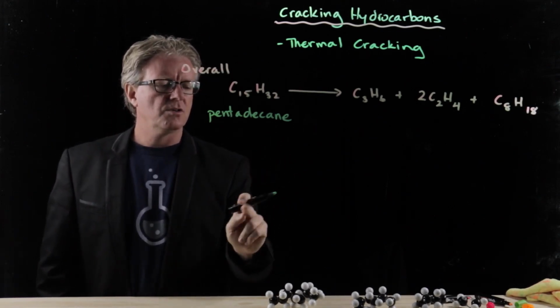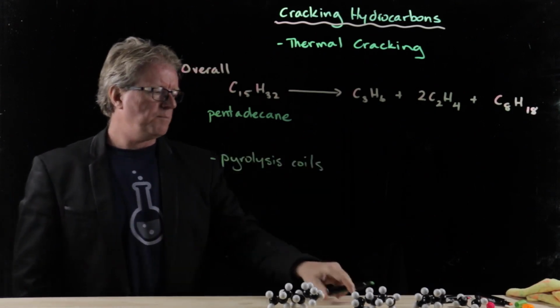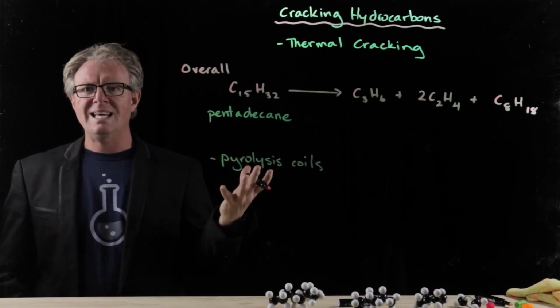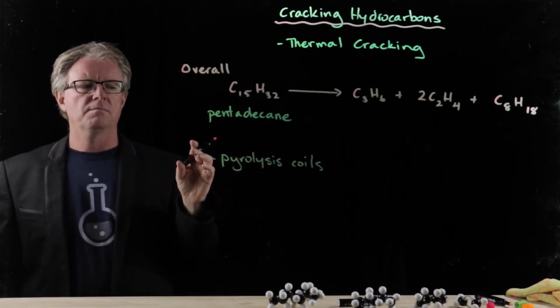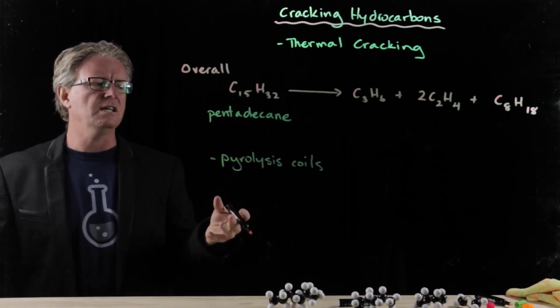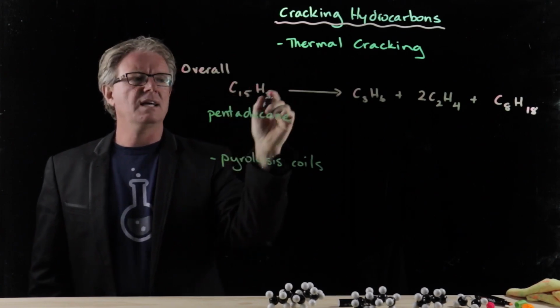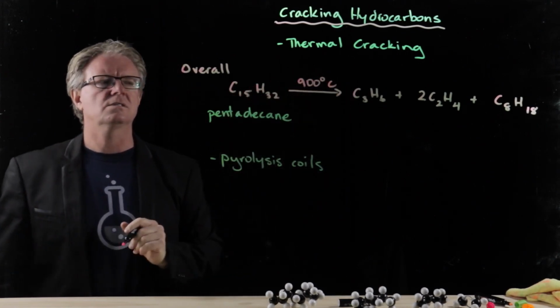The coils are called pyrolysis coils. And pyrolysis, lysis means to break, pyro is heat, right? So pyrolysis is the breaking apart of a molecule due to heat. And so what we're doing is we're heating the pentadecane up to about 900 degrees Celsius.